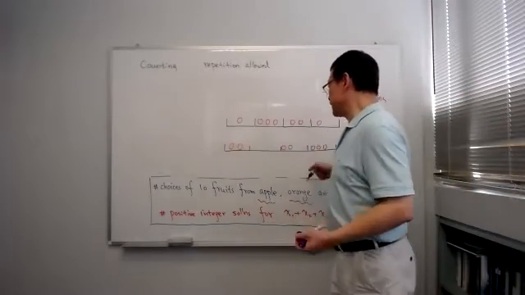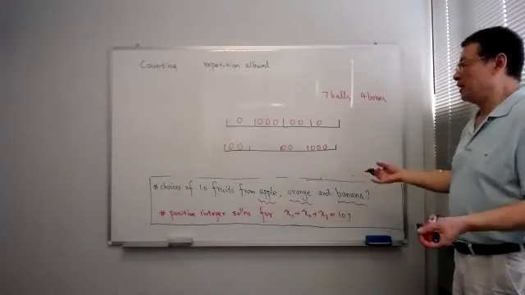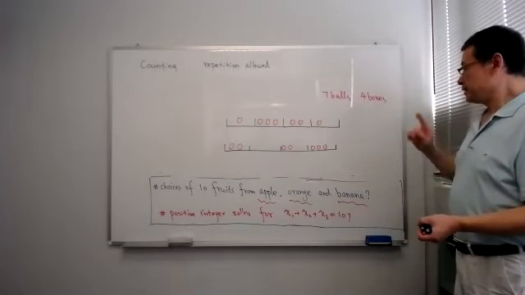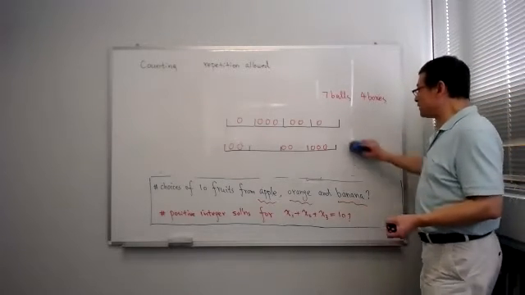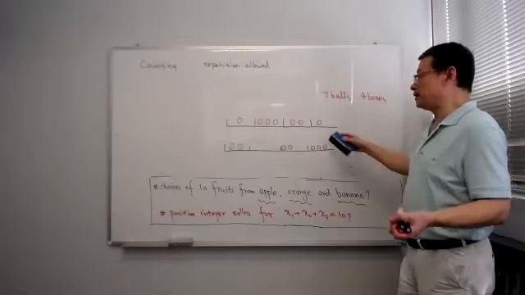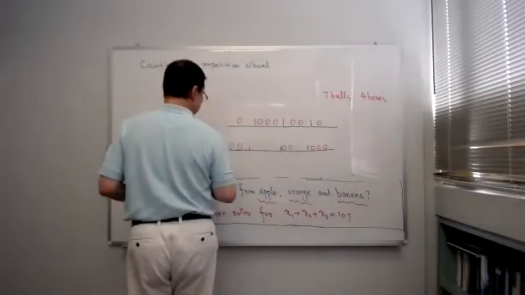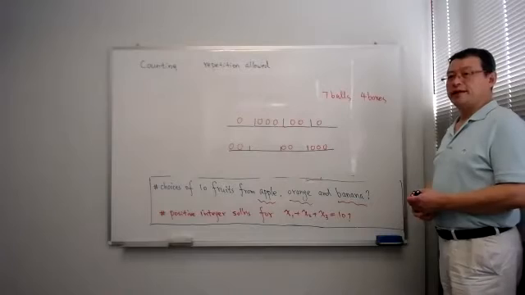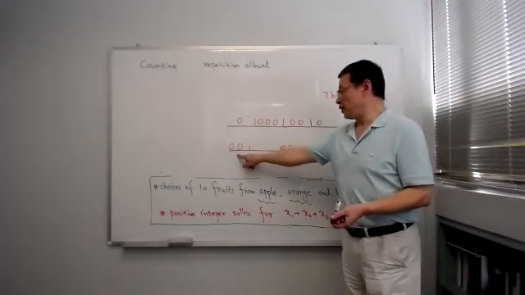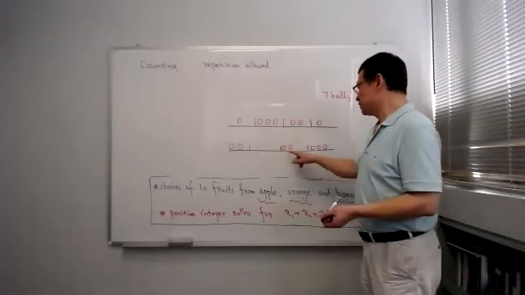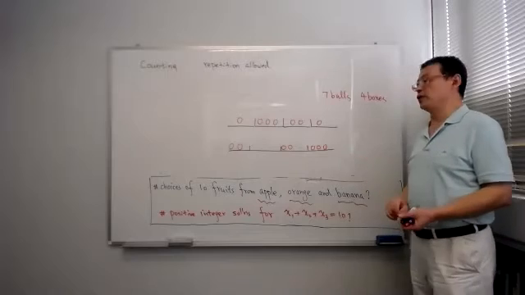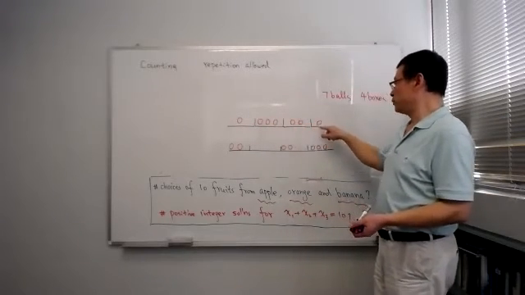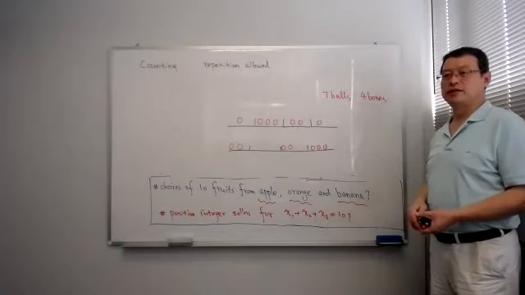If I draw this one, you can immediately see what I mean by this configuration. Another thing to notice is that these two are not really necessary. Without this one, I can still tell they're different, if I can exactly tell what it means. So this one means 2 balls in box 1, no ball in box 2, 2 balls in box 3, and 3 balls in box 4. Of course, this one is 1 ball in box 1, 3 balls, 2 balls, and 1 ball in the remaining boxes.